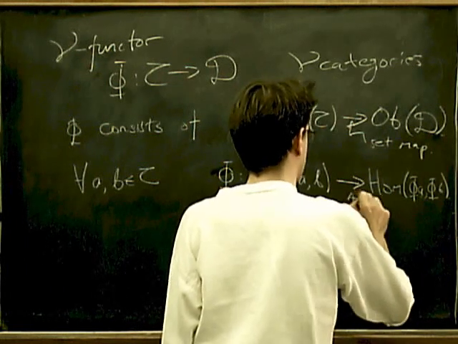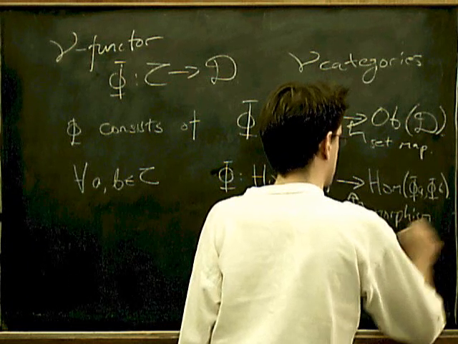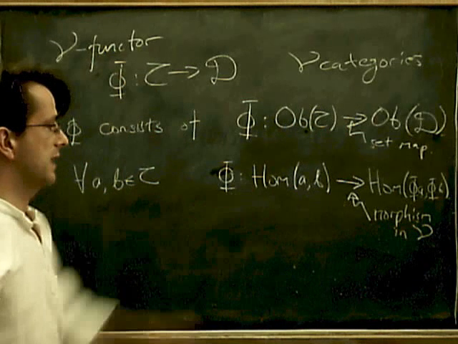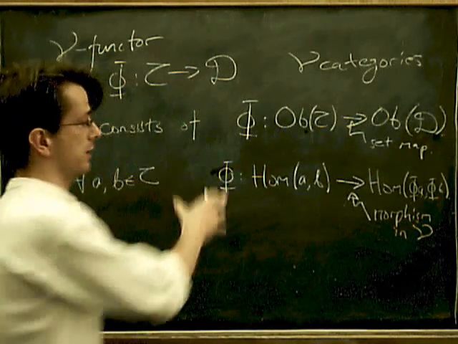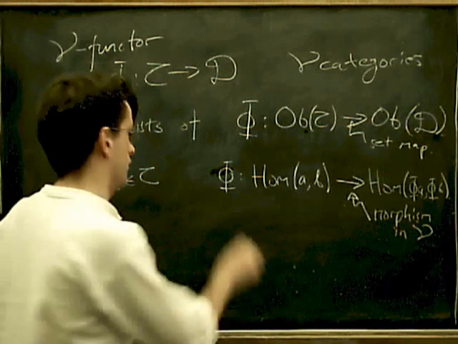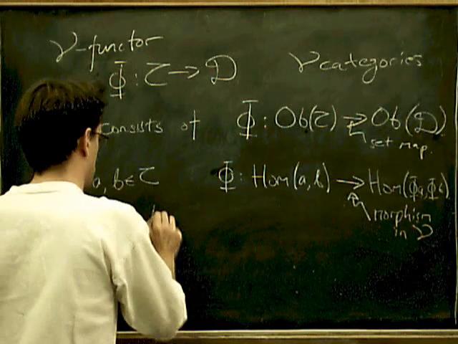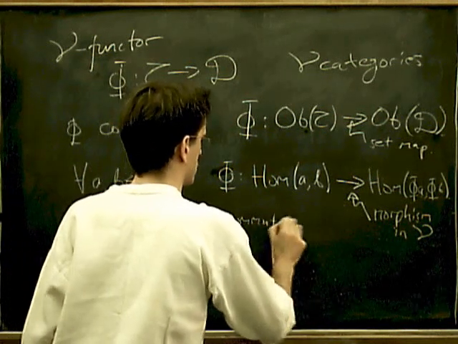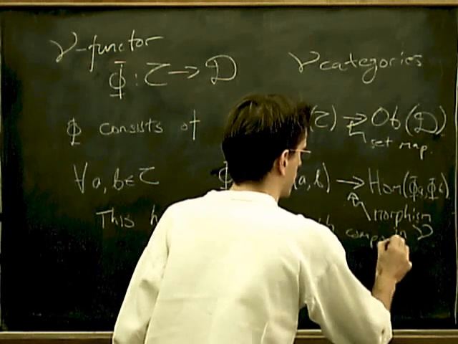So this is a morphism in V. And this has to satisfy, well, you can guess pretty much what this is going to have to satisfy because you know what a functor satisfies. So this has to commute with composition. So I'll just let you figure out what that means.